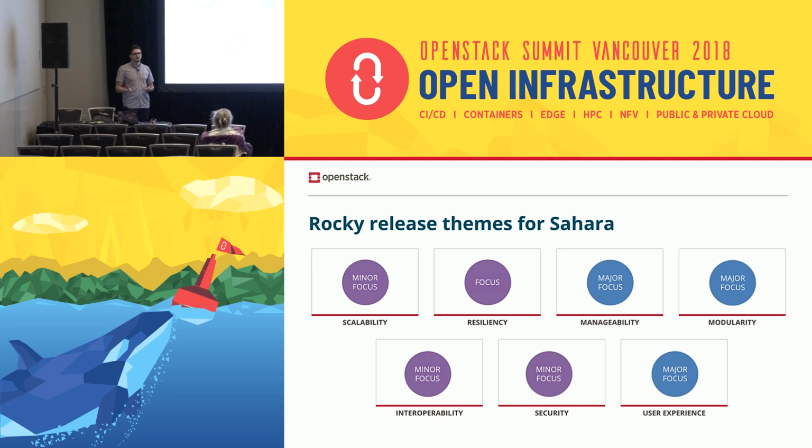And what we need to do right now is improve how users experience the whole Sahara thing, like creating clusters and running jobs. That's what we're focused on for this cycle, and probably the next one. It's been a while that we're focusing on this. And I guess modularity is a big focus, because we're removing the plugins from the main code and kind of making things easier for the operators as well.